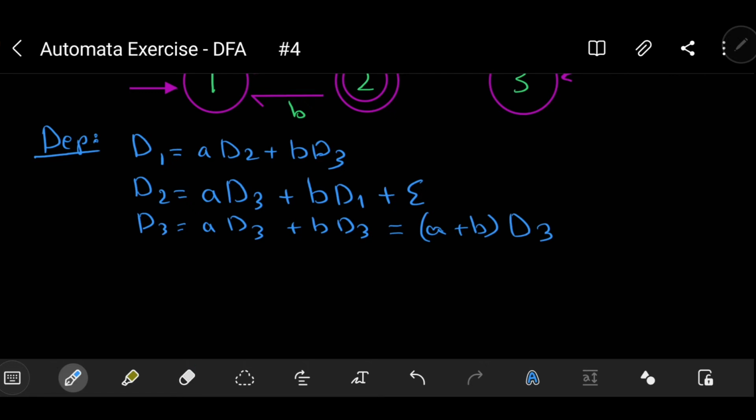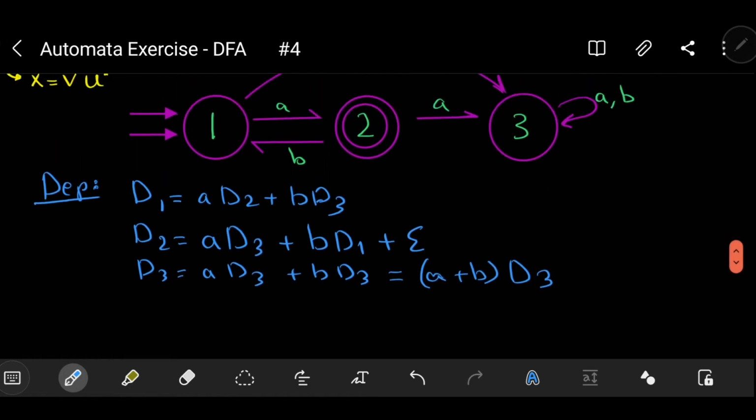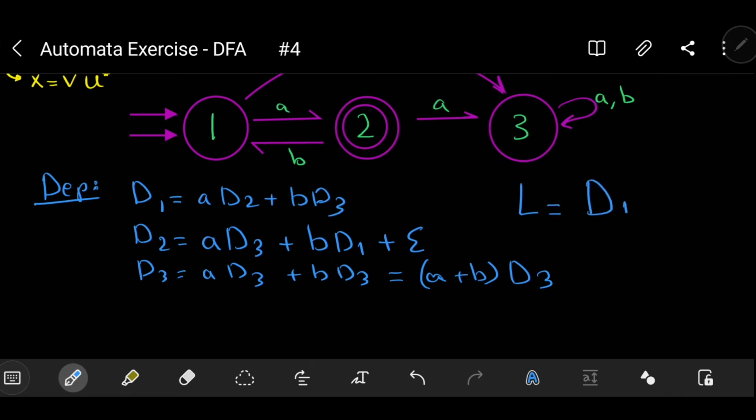This is how we solve it. These are the three systems. Since the initial state is 1, L equals D1 because it is the initial state.